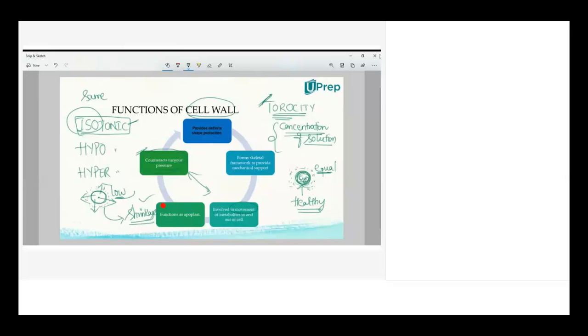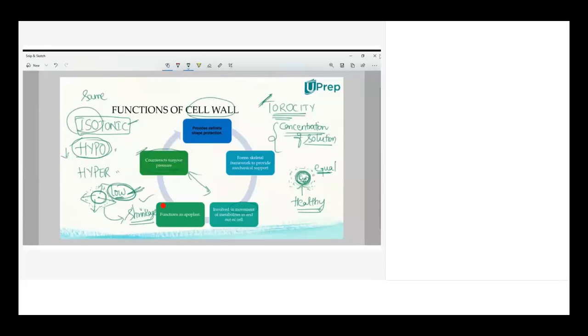So because of the inflow of material, resultant of this condition would be swelling of the cell, isn't it? Something gets inside of the cell, it tends to swell up, and it may result in bursting of the cell and ultimately death of the cell.